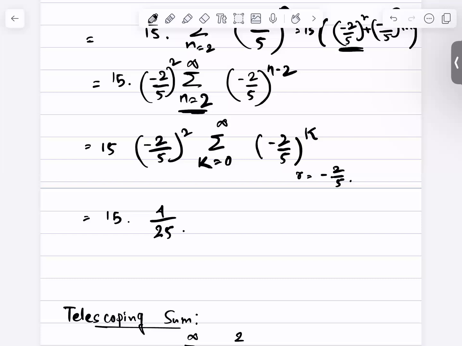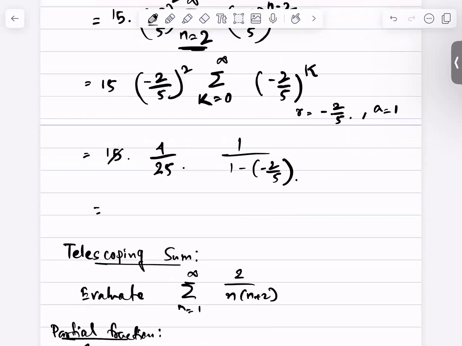And now by geometric series, this will be, a is 1, right? 1 over 1 plus minus 2 over 5. Okay. So 12 over 5 times 1 over 1 plus 2 over 5, right? And if you calculate this, this should be 12 over 7. Okay, so that's the answer.